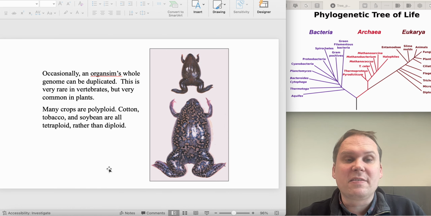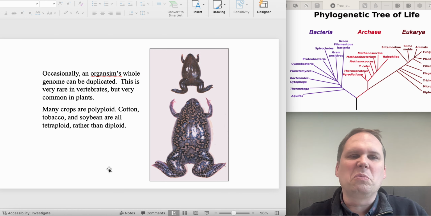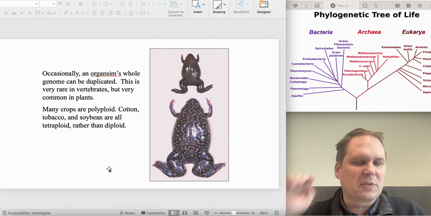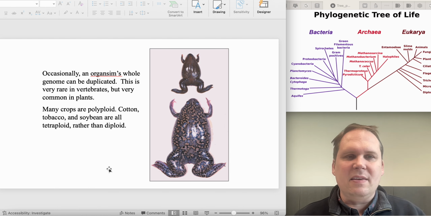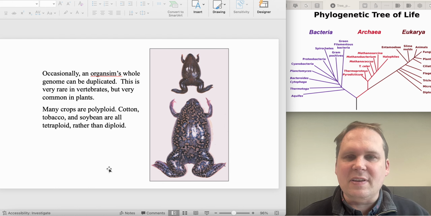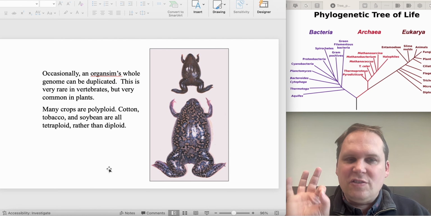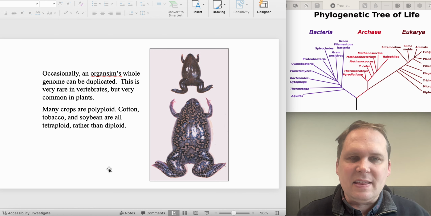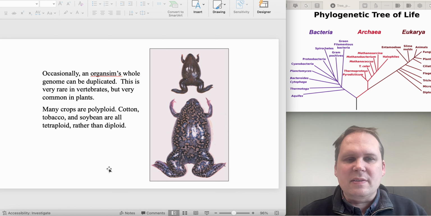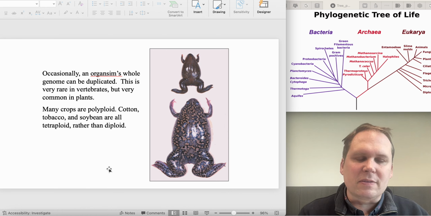Sometimes you get duplication of the entire genome. Very common in, for example, commercial wheat, corn, crops like that. Plants will often have extra sets, full sets of chromosomes. Generally, in people anyway, you do not see this, but there are certain kinds of mammals.